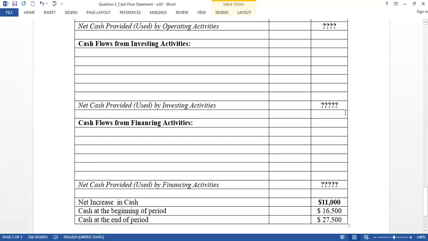So we have to allocate this $11,000, some part to operating activities, some to investing activities, and some to financing activities.